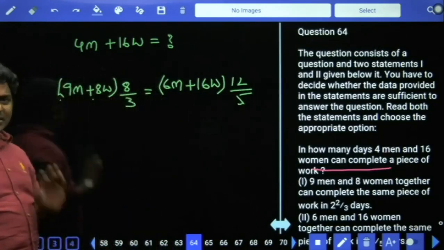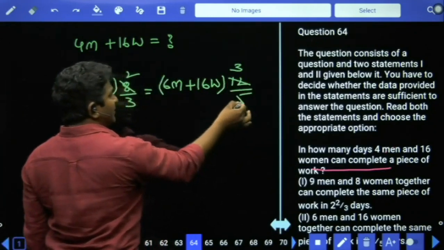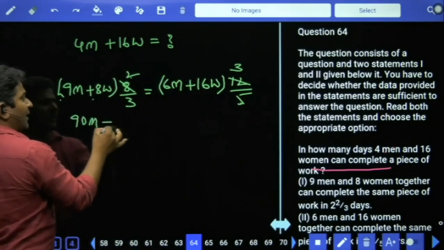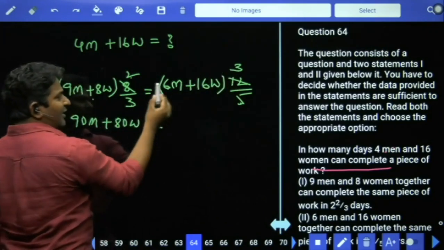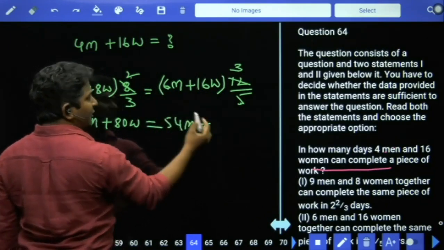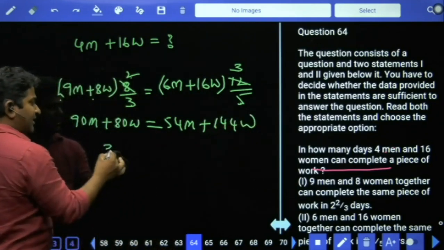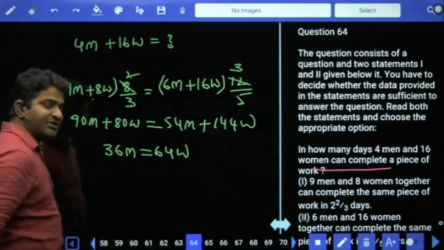If you solve this, 4 2 times, 4 3 times, 2 into 5, 10, 90 men and 80 women is equal to 3 into 3, 9, 6 into 9, 54 men, 9 into 16, 144 women. So from this, 36 men efficiency is equal to 64 women efficiency.